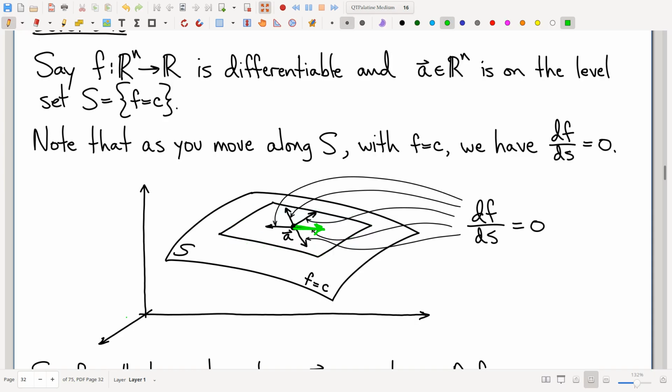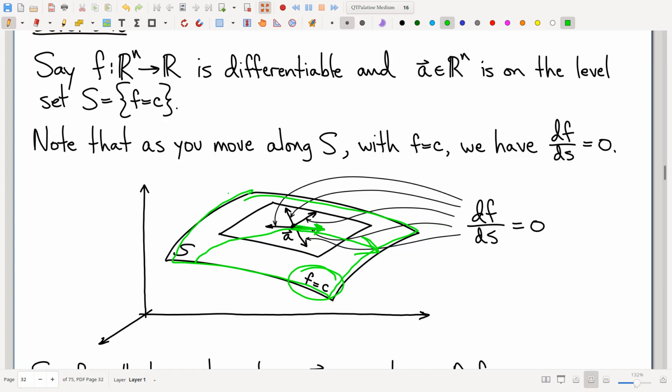First observation is that that vector is the velocity vector of a curve that is entirely within this level set. Everybody buy that? This points in a direction along the surface. So from that point, just start going in that direction along the surface. And where you go after, I don't really care. It doesn't matter. So we've got a path there in this surface, and that's a velocity vector.